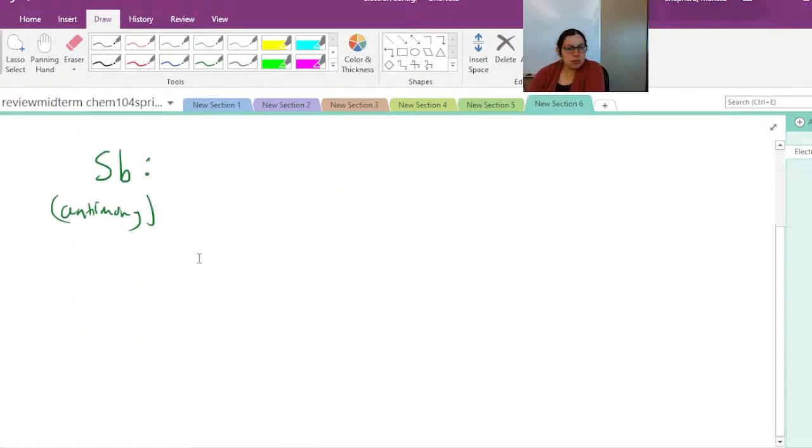And then let's do sulfur, but sulfur 2-, so charged. And let's do tin 2+, so also charged. So 1 neutral, 2 charged species. Again, take a few minutes for that.